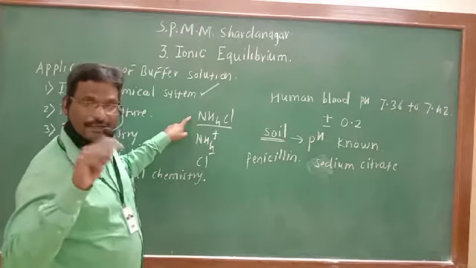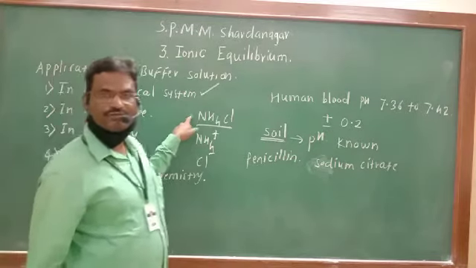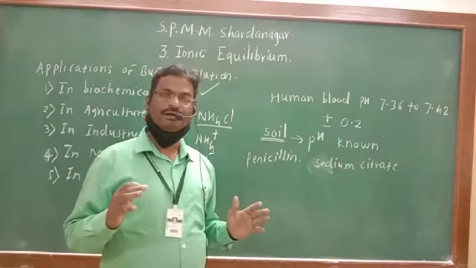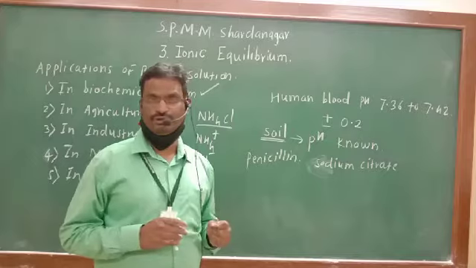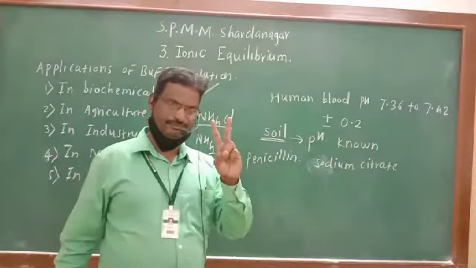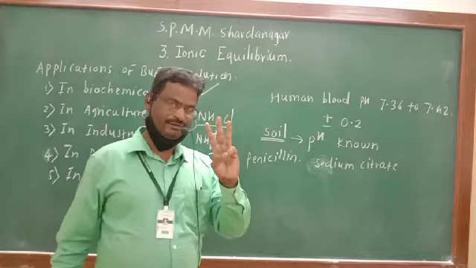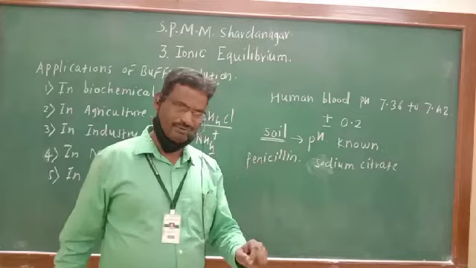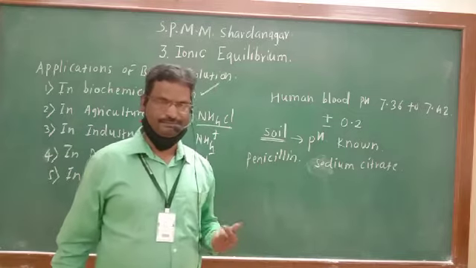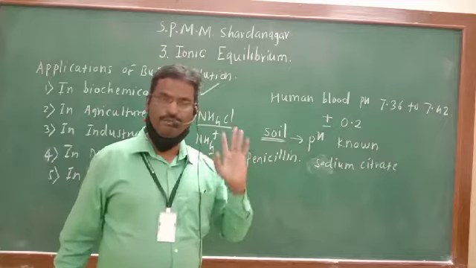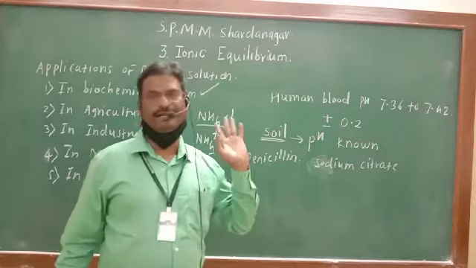In that inorganic qualitative analysis, for finding the groups, you have seen totally 6 groups. Group first, group second, group third A, third B, group fourth, fifth, and group sixth. In the first group and second group, acidic medium is used.